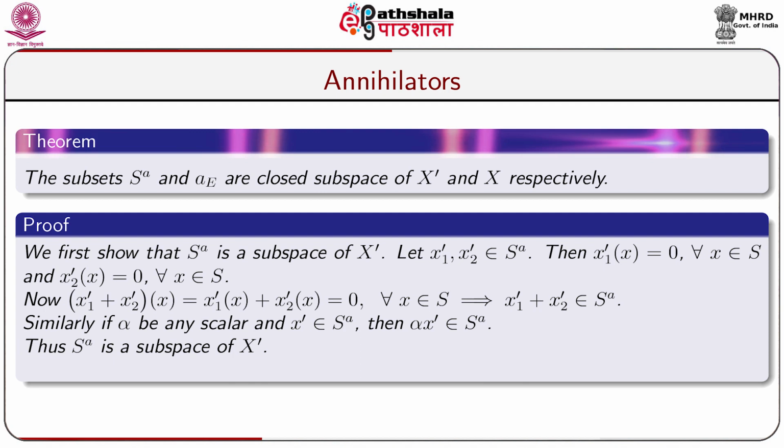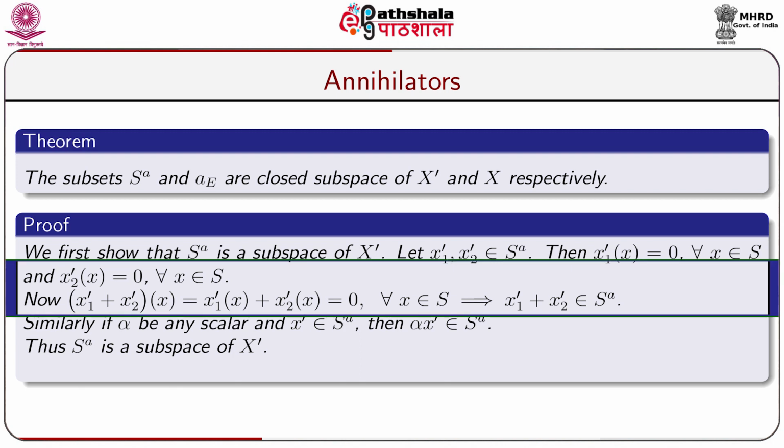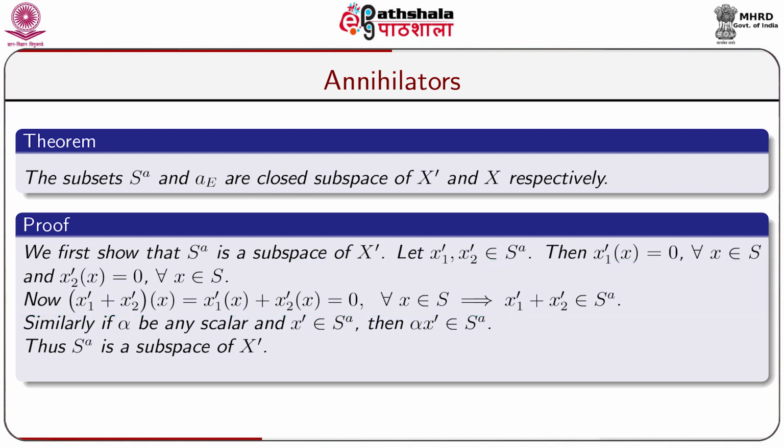Now, let us have a proof. We first show that S^A is a subspace of X'. Let x1', x2' belonging to S^A, then x1'(x) equal to 0 for all x belonging to S and x2'(x) equal to 0 for all x belonging to S. Now, (x1' + x2')(x) equal to x1'(x) + x2'(x), which is equal to 0 for all x belonging to S. This implies that x1' + x2' belongs to S^A.